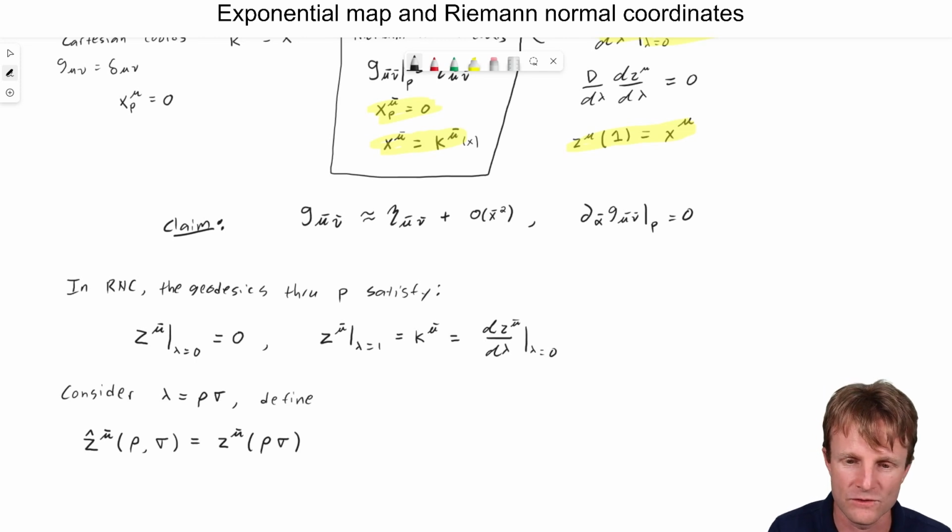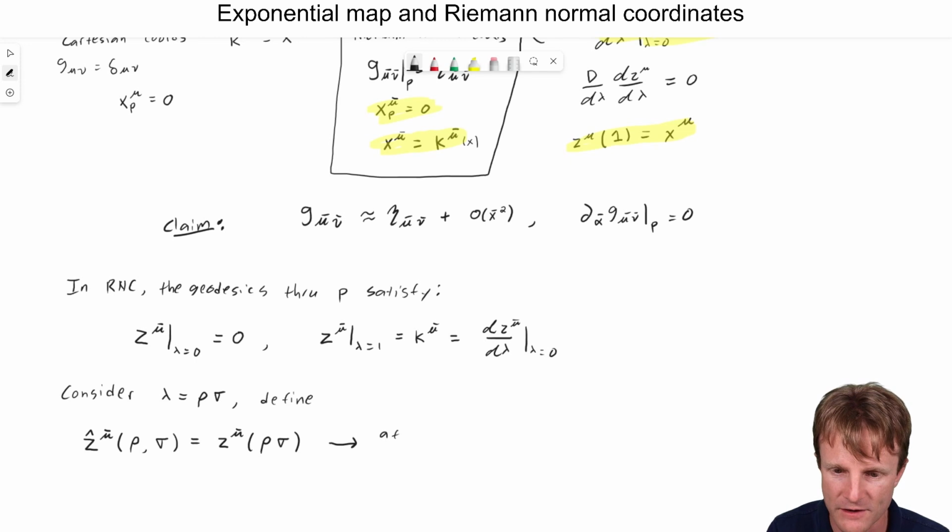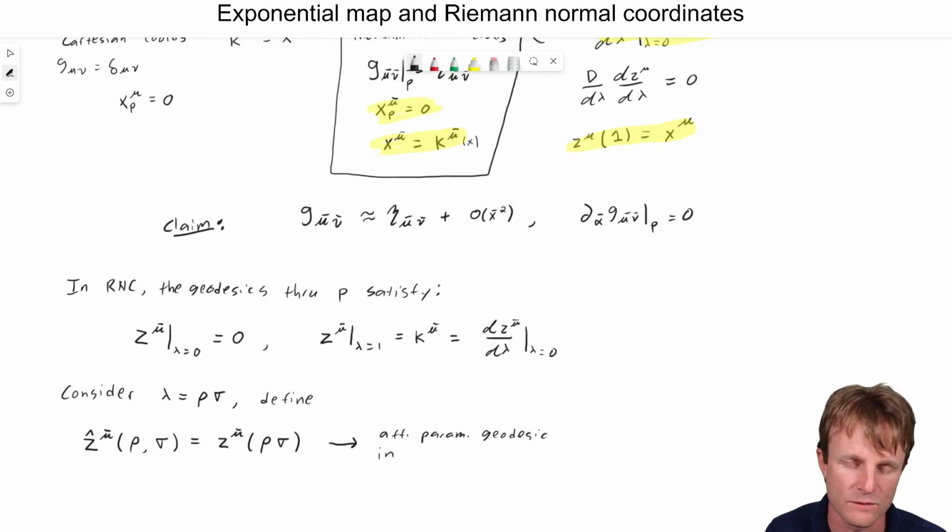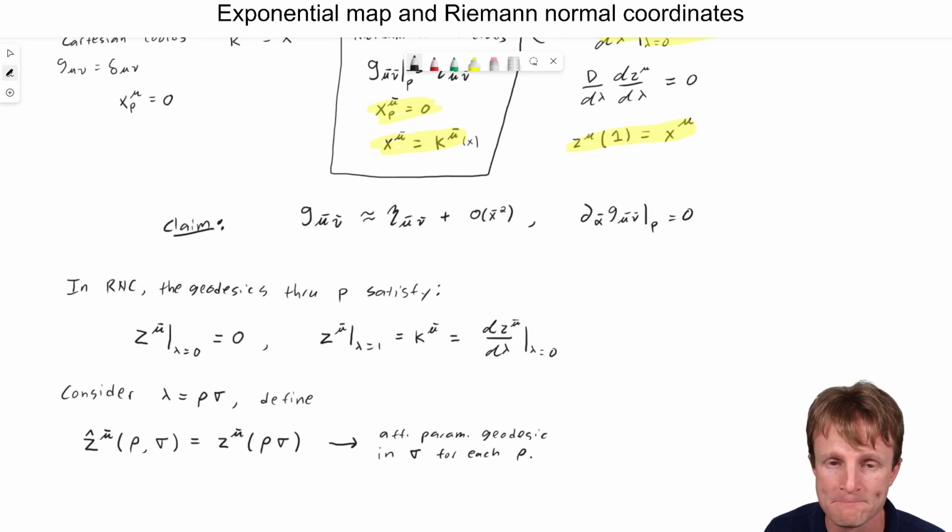Now, why is this interesting? Well, this curve is an affinely parameterized geodesic in either rho for each sigma or sigma for each rho. It's symmetric. We're going to say in sigma for each rho.